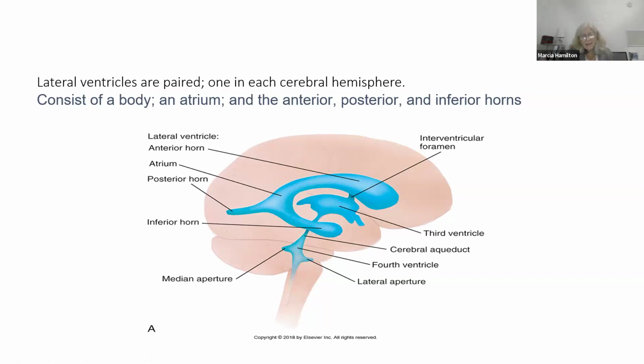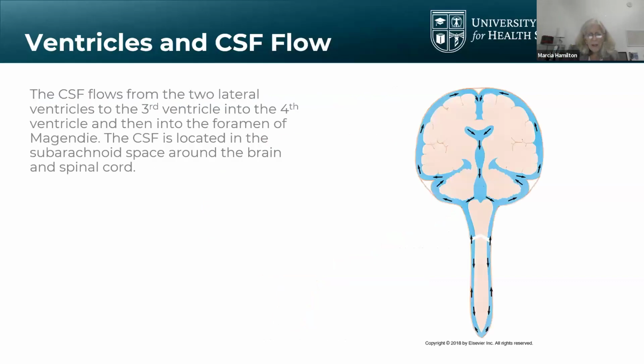So that's the structure of the ventricular system: 2 lateral ventricles, 1 third ventricle, and 1 fourth ventricle. From the lateral ventricles, it goes through a foramen, an opening, the interventricular foramen, to the third ventricle, cerebral aqueduct, to the fourth ventricle. And here you can see the flow.